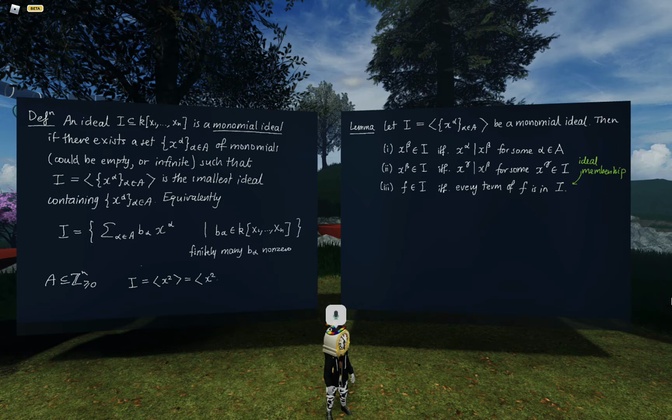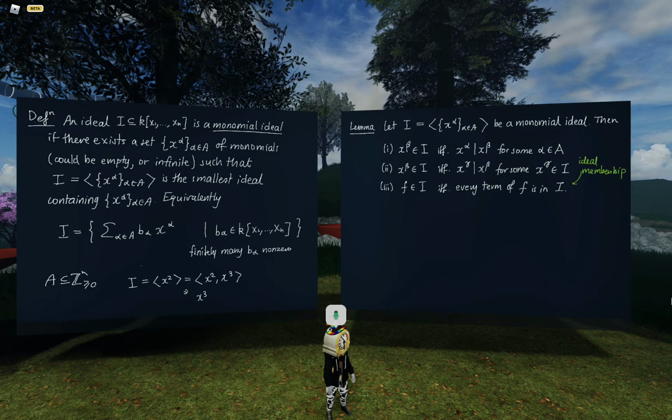Yeah, good. Or x cubed would do, right? I don't have to take some power of that. I mean, x cubed is already in the ideal, right? So adding that monomial doesn't make the ideal bigger. Okay, so you can have different sets of monomials generating the same ideal.